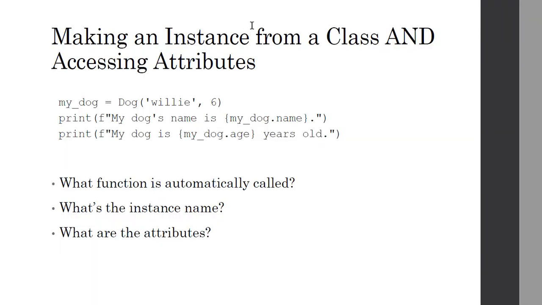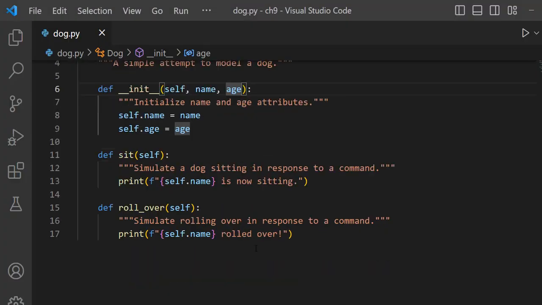Making an instance from a class and accessing attributes. So now we're going to create an instance called my_dog, and it's going to be based off of the class Dog. And notice here we have the name and we also have age. So I'm going to go ahead and add this code here to my dog.py file.